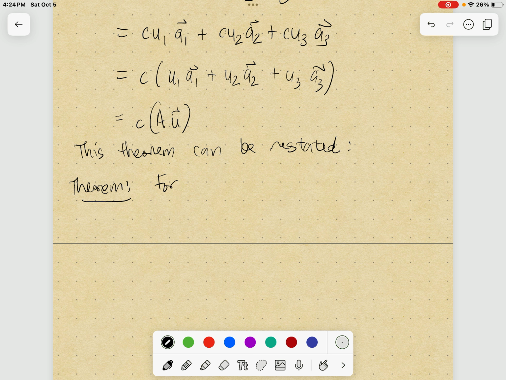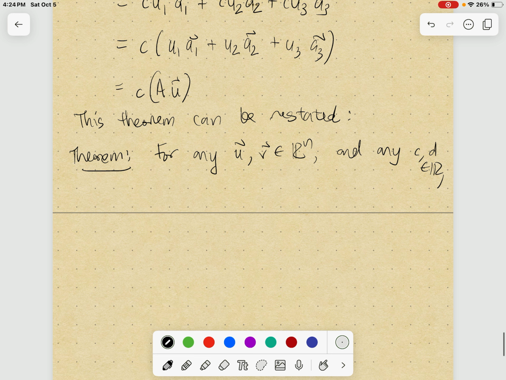In some books, this is how it's done. For any u and v in R^n, and any, say, c and d real numbers, A times cu plus dv equals c times Au plus d times Av.